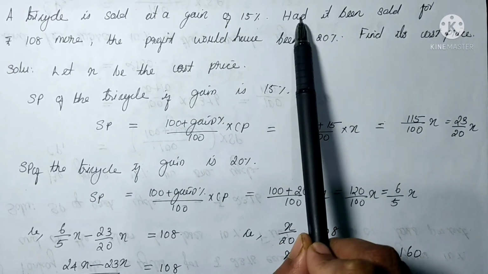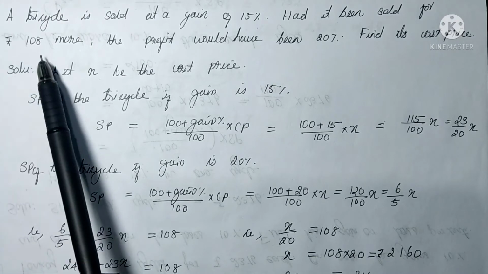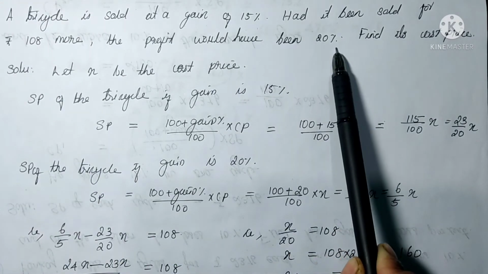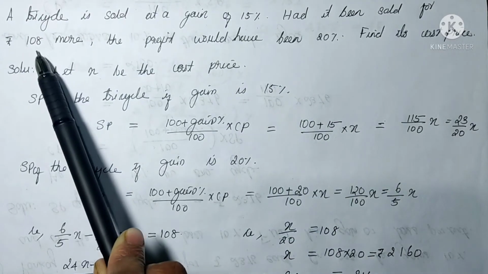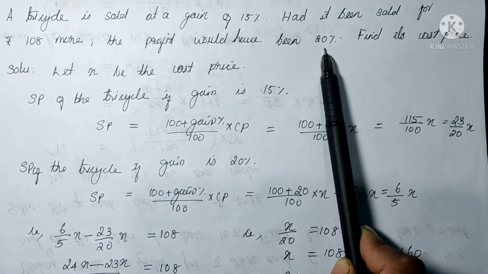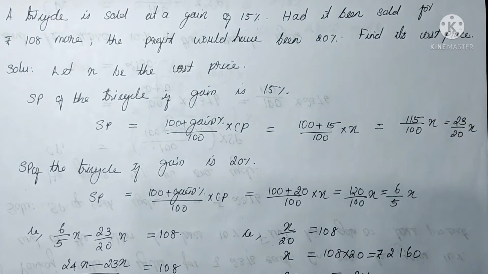If the same tricycle is sold for 108 rupees more, then the profit becomes 20%. So we have to find its cost price.